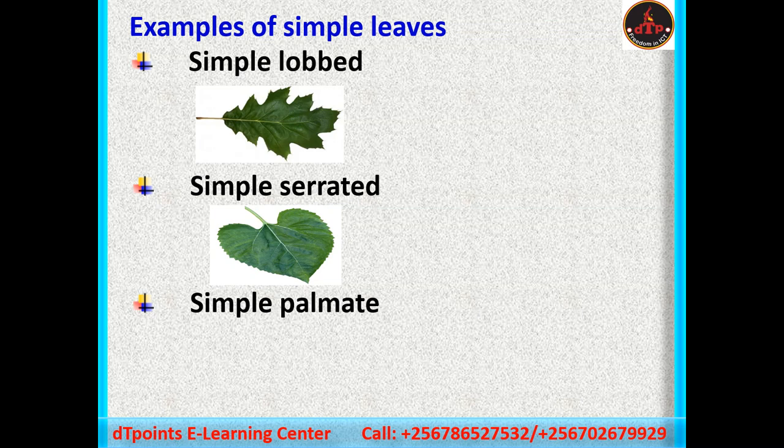And I want to show you this diagram. That one there. Many of you enjoy pawpaws. These are the leaves of a pawpaw plant. This one here is a leaf of a pawpaw plant. I don't want you to mix it with the simple lobed. They are not the same. There is a difference which you can see clearly.